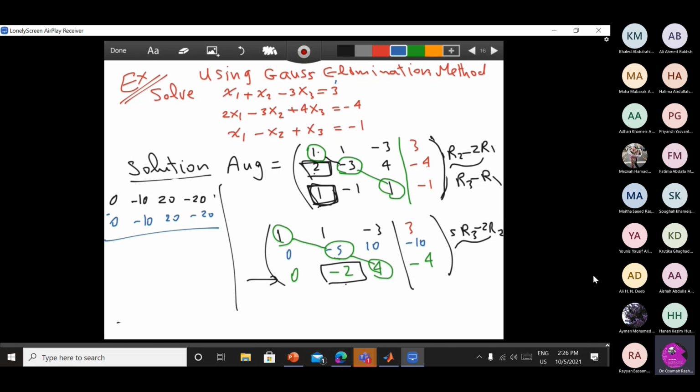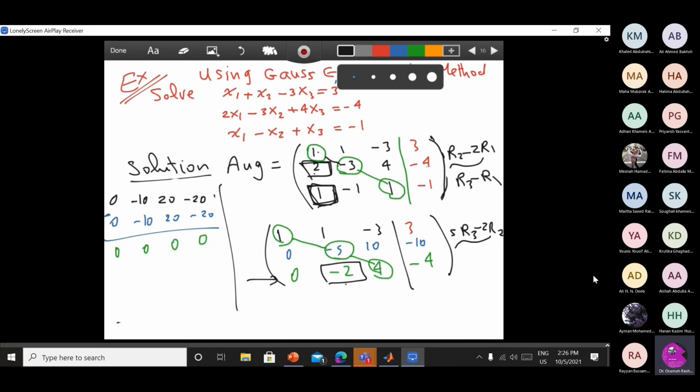Now if I subtract this one, what do you have? You have 0, minus 10 minus 10, 0, 20 minus 20, 0, minus 20 minus 20, 0. This is what makes the determinant 0 in your inverse or Cramer method, right?